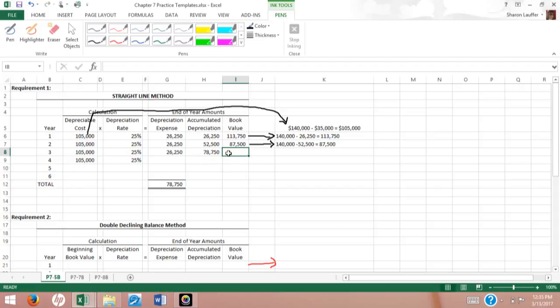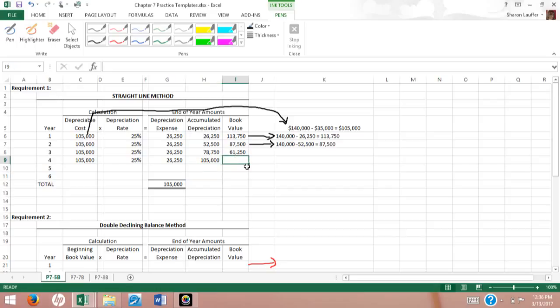And then our book value is going to be $140,000 less our accumulated depreciation of $78,750 up to this point, which gives us a book value of $61,250. Year 4, our depreciation is going to be the same amount. We're going to add this depreciation from this year to what we've accumulated so far, so it's going to give us $105,000.